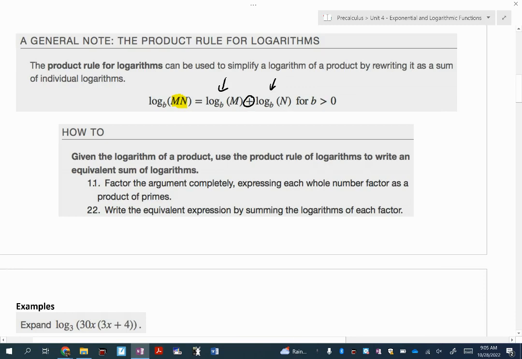We're going to start by expanding, but you can also use this property to condense. If you have 2 logs with the same base connected by addition, you can put them together as 1 log with that same base, and you multiply the arguments. So we'll be doing a lot of call and response with this: if you see multiplication, you think addition. If you see addition, you think multiplication. Addition and multiplication are linked.